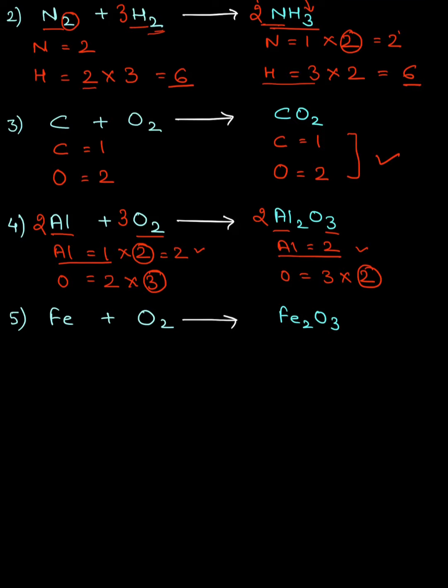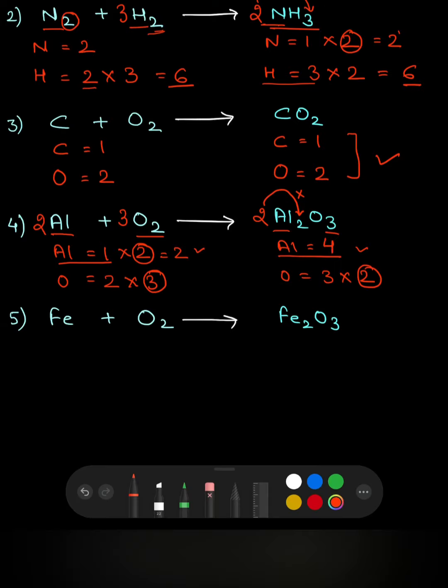Now aluminium on the left side has 2 atoms, whereas on the right side we have 4 aluminium atoms. So in order to have an equal number of atoms on the left side, we have to multiply it by 4.